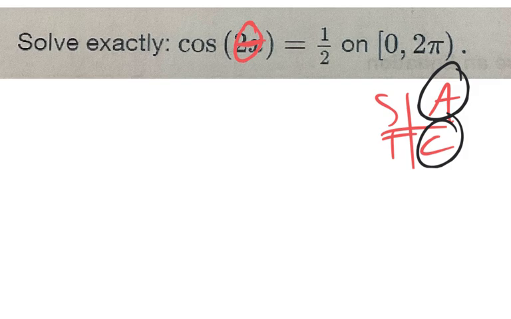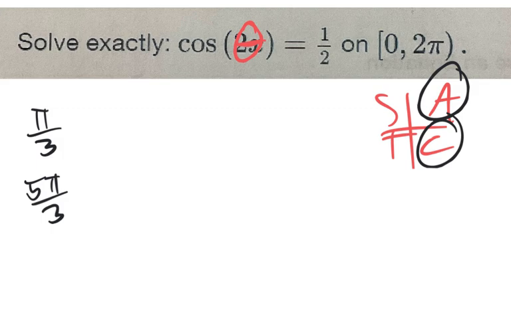It would not be 45. It would be a 60-degree reference angle, which means I need 60 degrees in the first and fourth quadrant. Pi over 3. 5 pi over 3. Those are my 2 original instances.